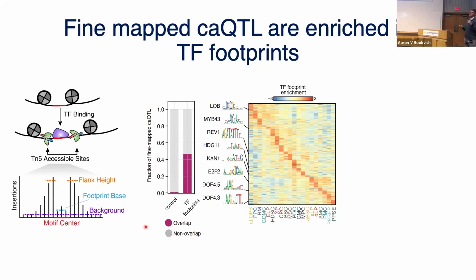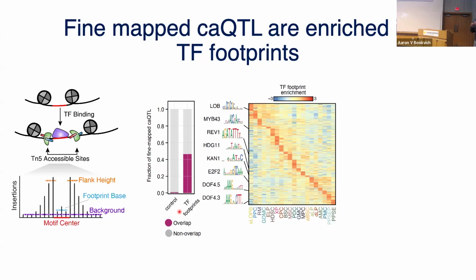So these are statistically fine-mapped using the summary statistics downstream and taking into account LD. But more than 50% of them are located within TF footprints. So we think that this is the main causative mechanism for how chromatin accessibility is variable within the population.